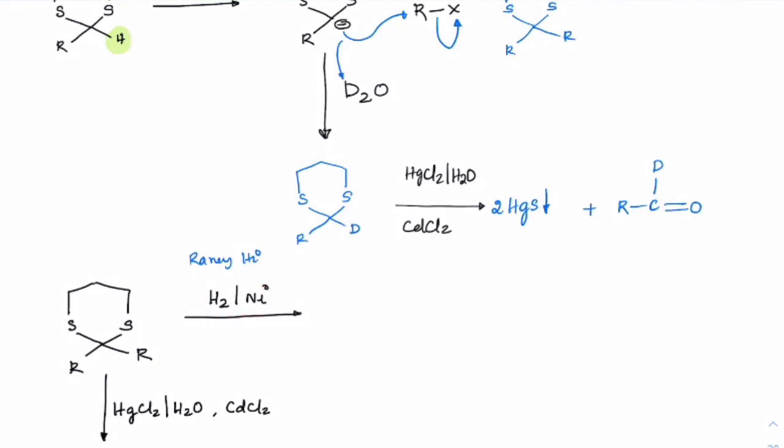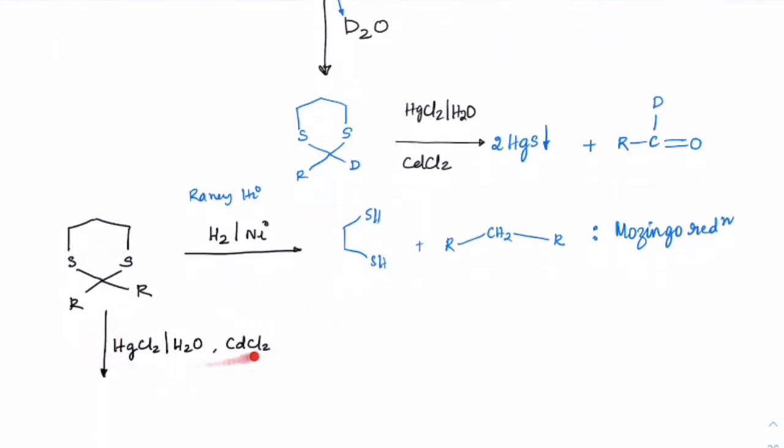So we will get this as SH plus RCH2R. Okay, this reaction where alkane formation is observed is called the Mozingo reaction. You may have learned this, Mozingo reaction or Mozingo reduction.